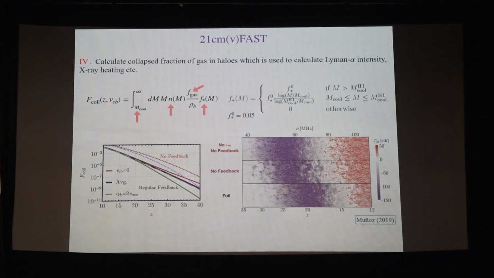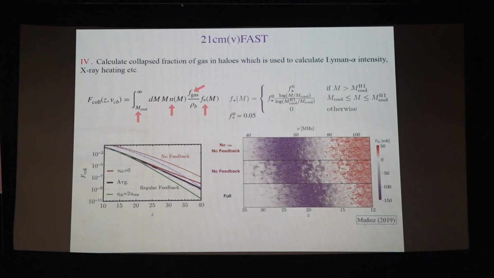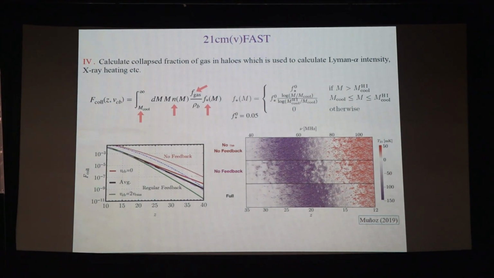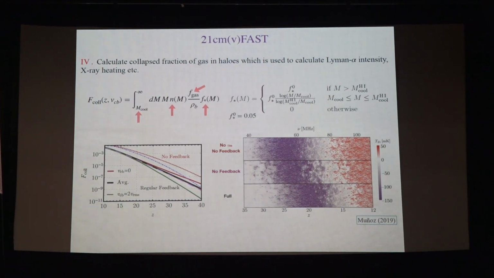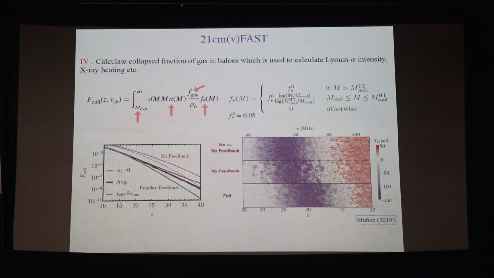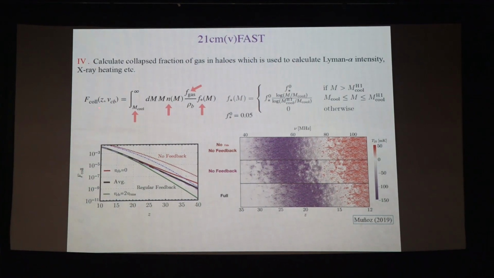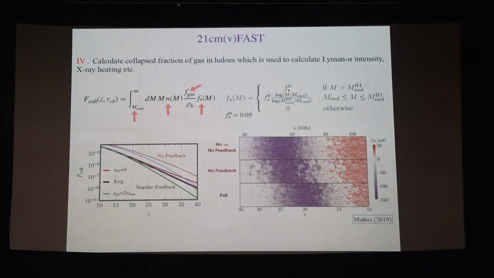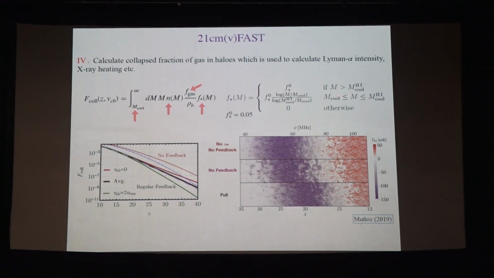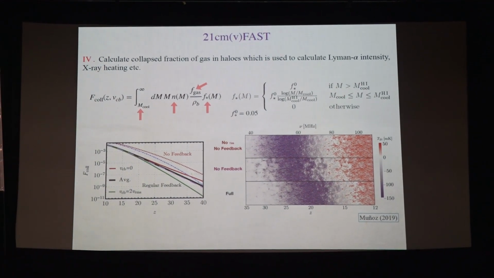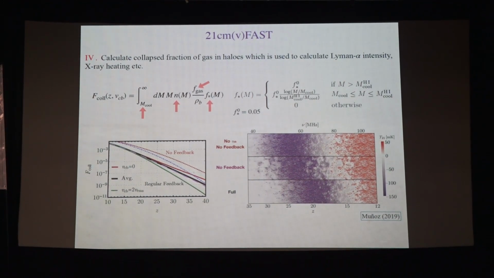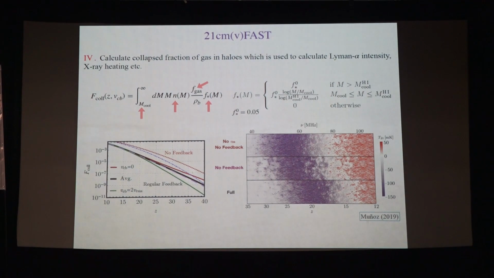When we calculate the F_collapse, you modify this lower bound with that parametric form, and then you calculate the integration, and this affects the F_collapse calculation as well as when you calculate the F_star. So this is how we define the F_star, and here also this M_cool appears. So these are the two places where I implemented this Lyman-Werner radiation feedback.